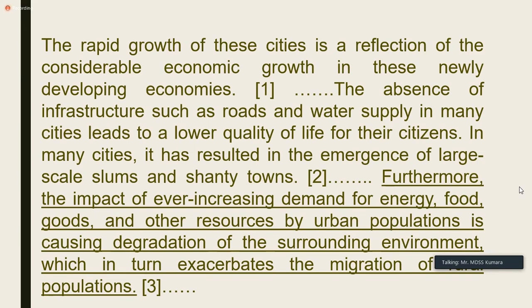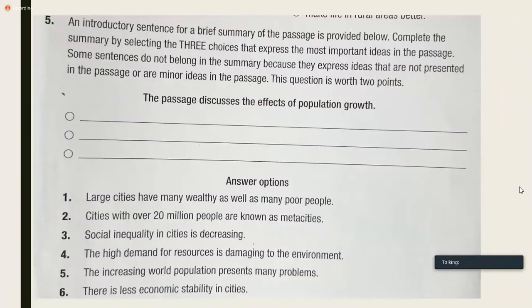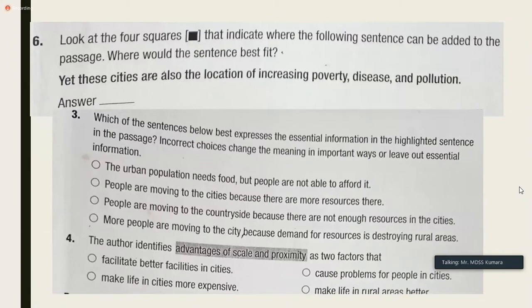So what happens to small cities like Mihintale, Rambawa, Galkulama, Thalawa, and all. So that's what this sentence says. Furthermore, the impact of ever increasing demand for energy, food, goods, and other resources by urban population is causing degradation of the surrounding environment, which in turn exacerbates the migration of rural populations.